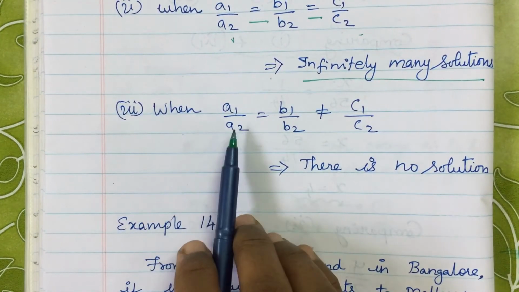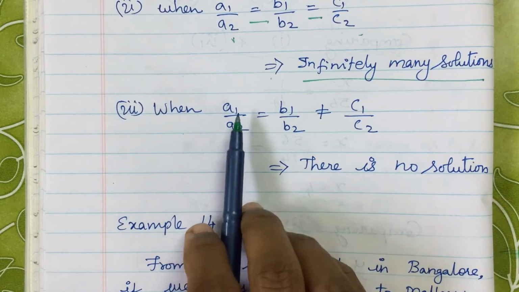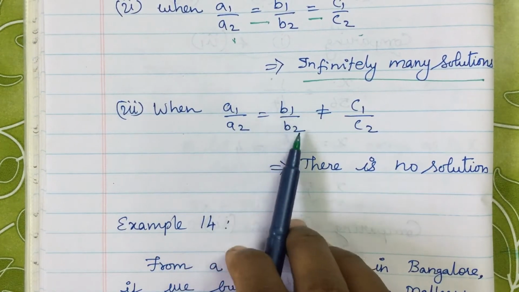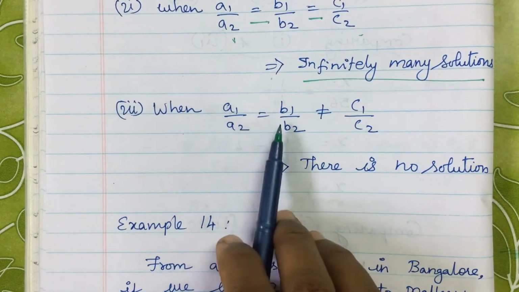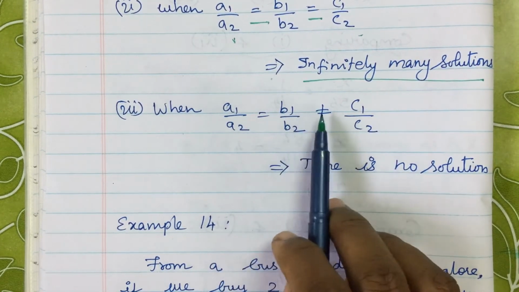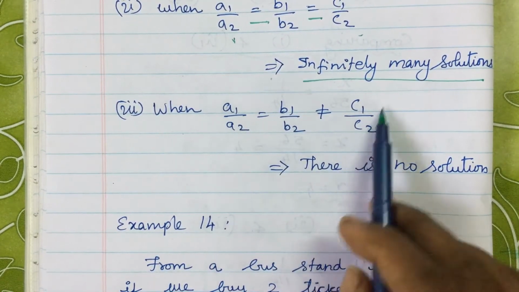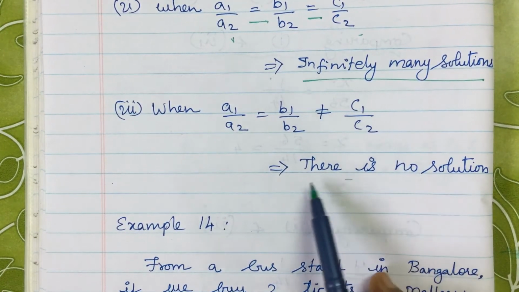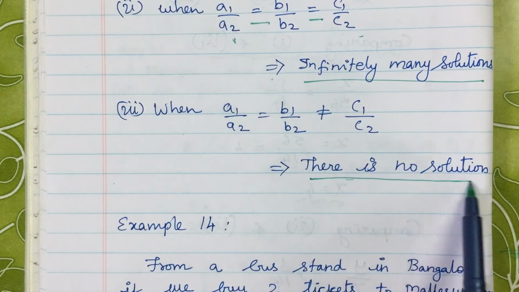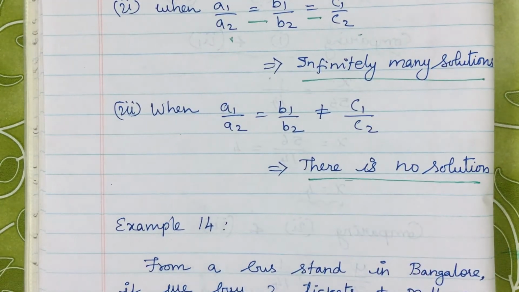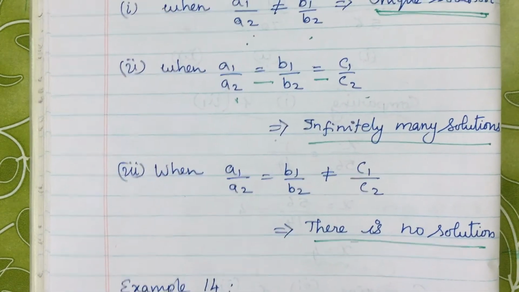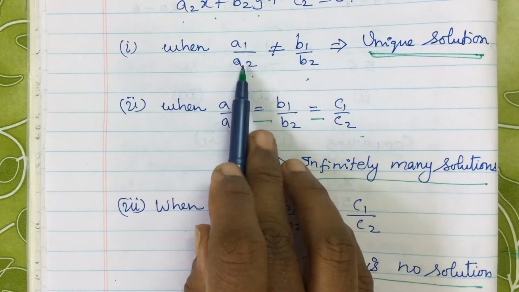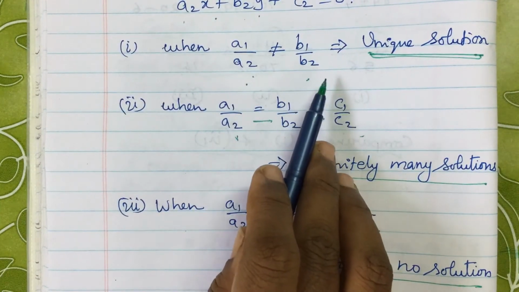And coming to the third condition, a1 by a2, the ratio of coefficients of x, and the ratio of coefficients of y, if both are equal, and if you find this is not equal to the ratio of constants c1 by c2, then you can confidently say there is no solution for the given set of equations. So how do you remember? For a unique solution, it is enough if you consider the coefficients of x and y.